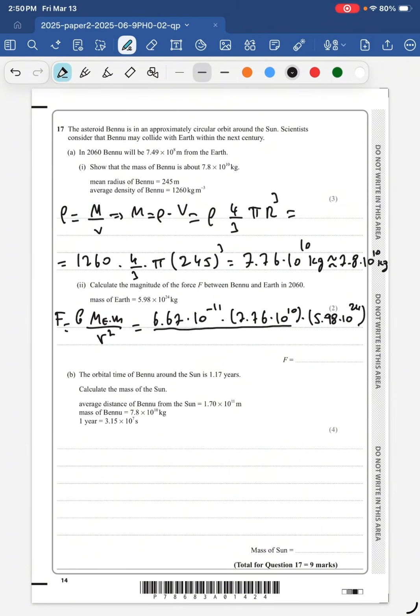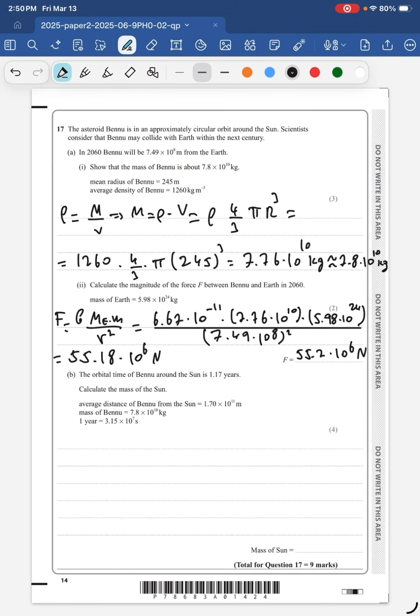I don't know why I crammed everything in this tiny space, but okay. Over 7.49 times 10 to the 8 squared, which will give you 55.18 times 10 to the 6 newtons, which you can write as 55.2 times 10 to the 6 newtons.